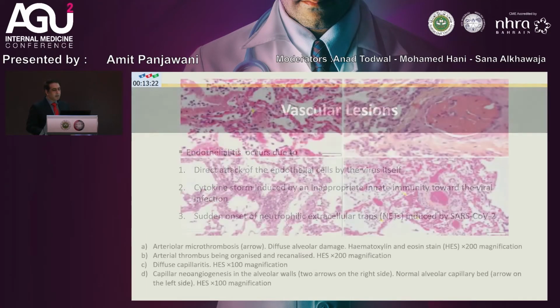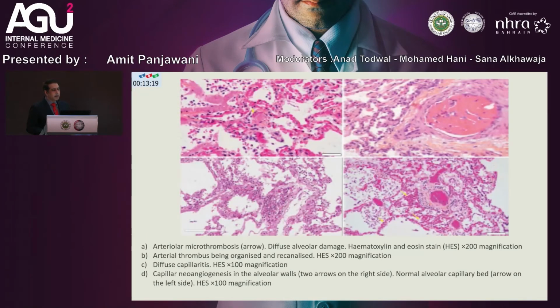The vessels are also involved in COVID-19 related pneumonia, mainly in the form of clots within the vessels, and it includes all types of vessels, right from the small vessels to the large vessels.